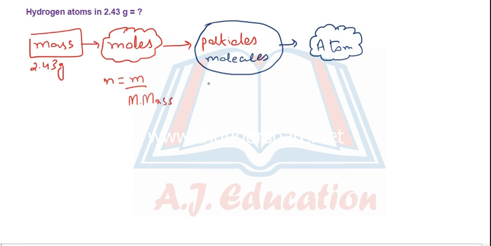The number of molecules of aspartame are going to be calculated from the formula particles equal to moles into Avogadro's number. The last one, that is the number of atoms of hydrogen, are going to be calculated by unitary method, and we will be discussing it later, having calculated the number of particles. Let's just see.